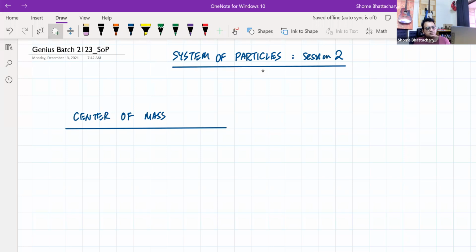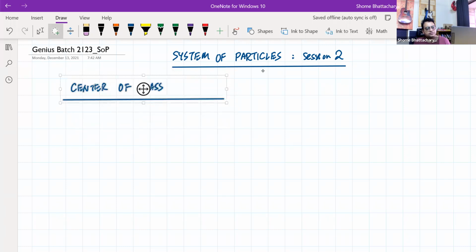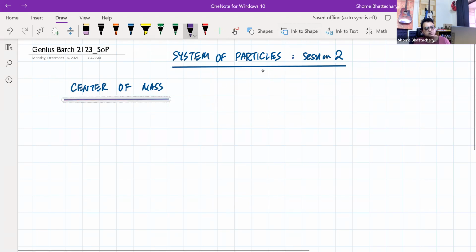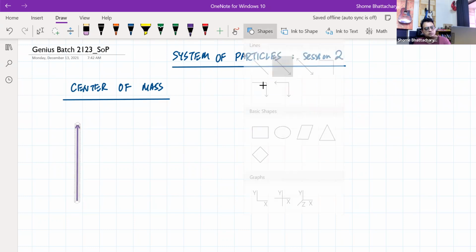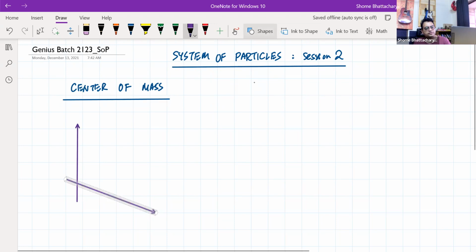So far what we have learned is that if we have a discrete particle system of individual particles located at discrete positions, then the center of mass is calculated as the weighted mean position of the individual positions of the particles. In other words, with respect to some XYZ system, suppose this is our coordinate frame.